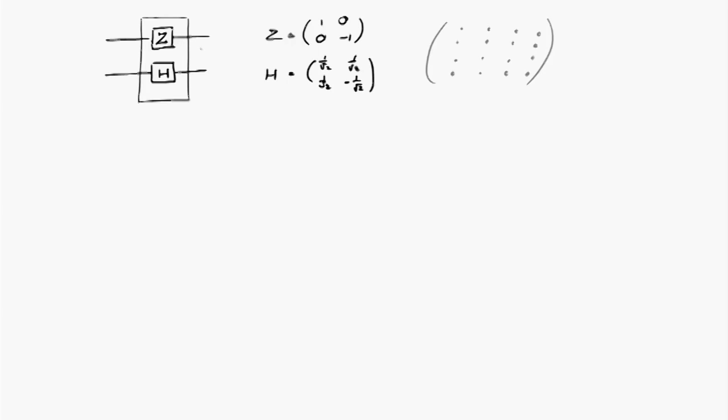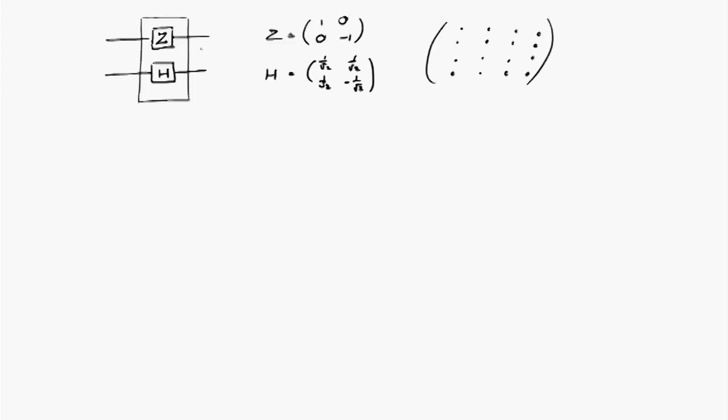Or in other words, if we put this inside a box, and if we call this a 2-qubit gate, what is the 2-qubit gate? What's the 4x4 linear transformation, the unitary transformation that represents this? Because we know that on this qubit we are applying this transformation, and on this qubit we are applying this transformation. But we want to know what's the 4x4 unitary that describes what's happening to both qubits together.